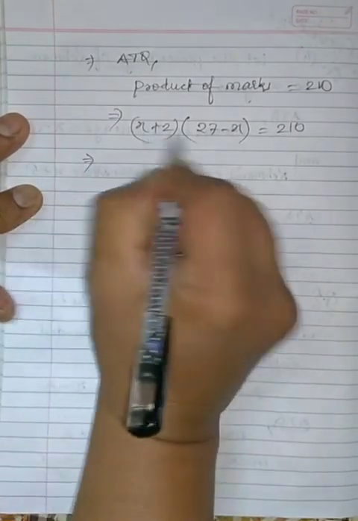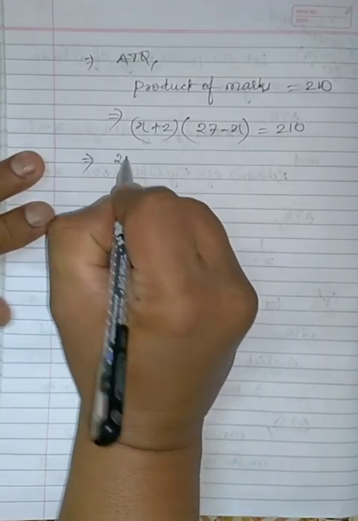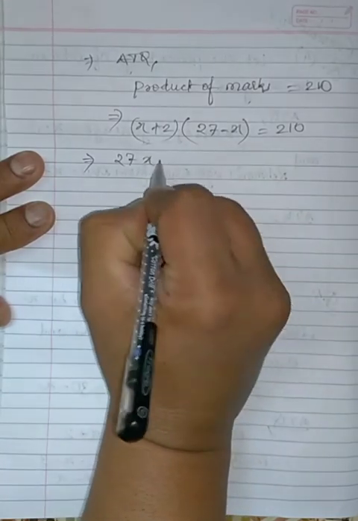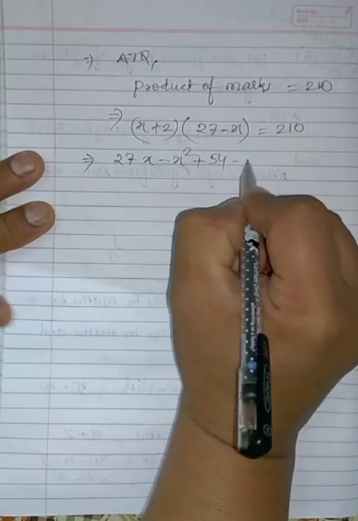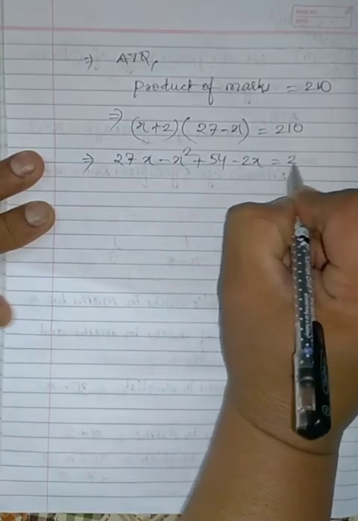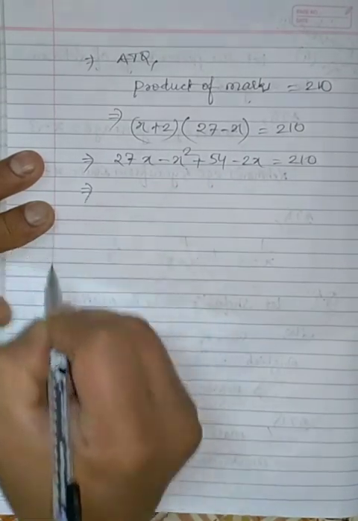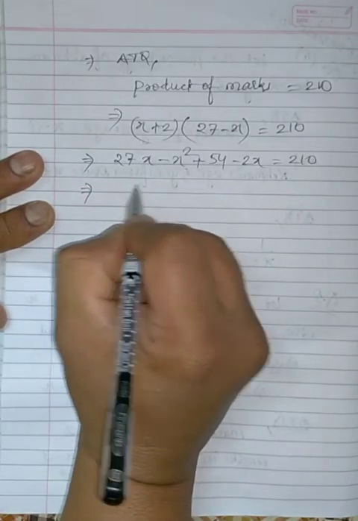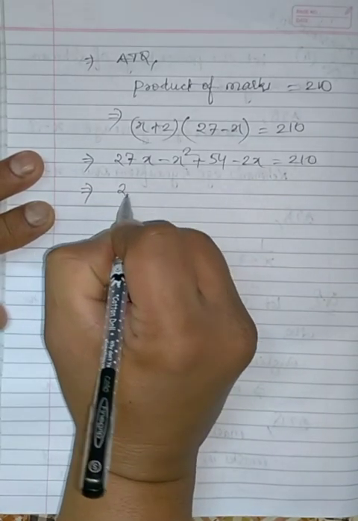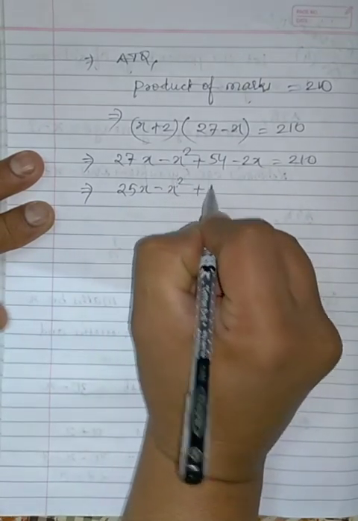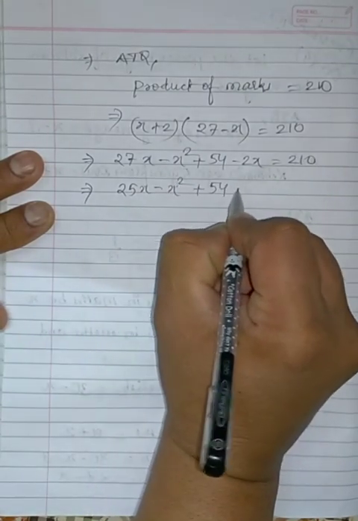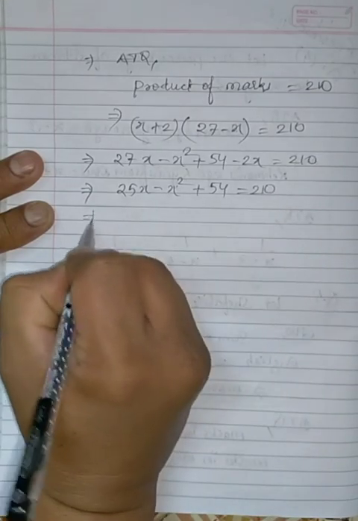So if we multiply both the brackets, 27x minus x square plus 54 minus 2x is equal to 210. That implies 25x minus x square plus 54 is equal to 210.